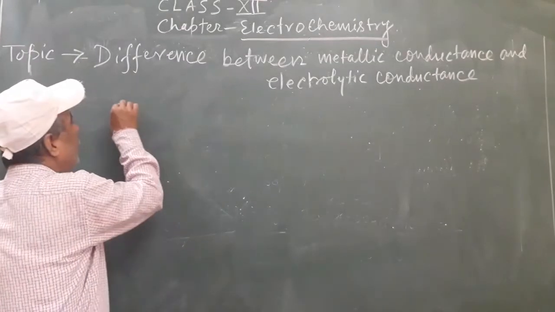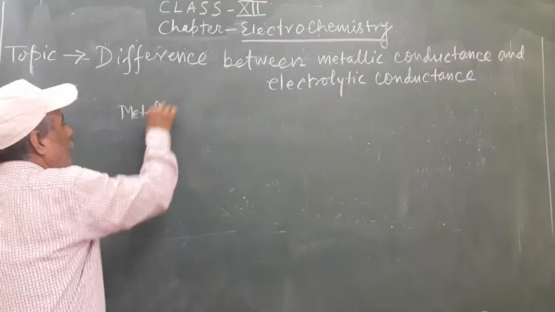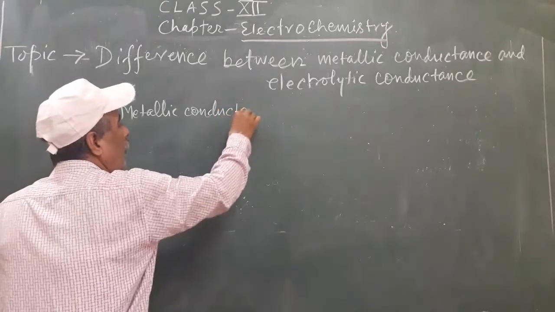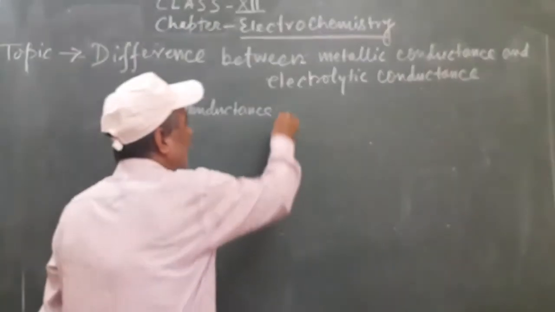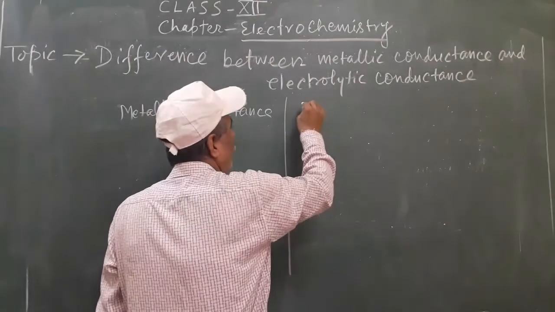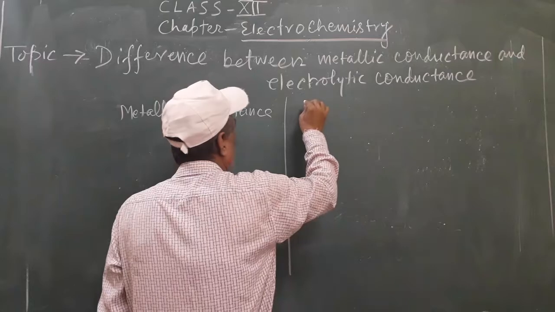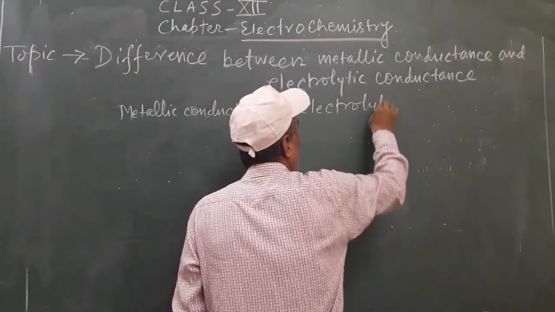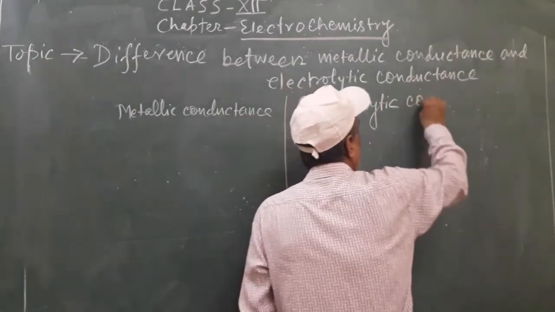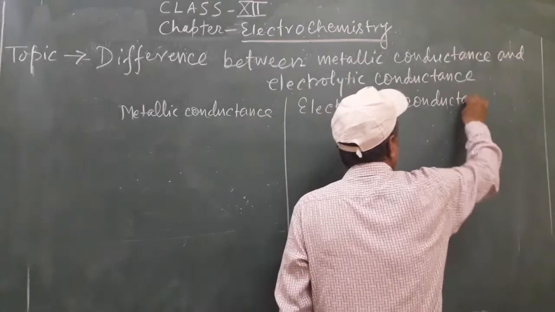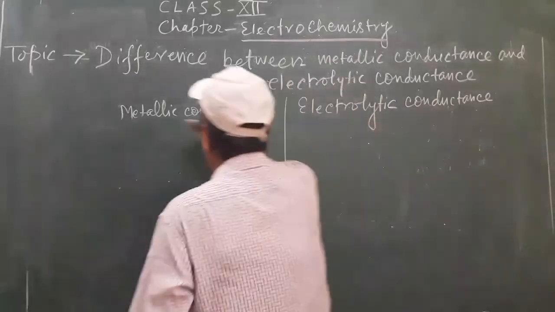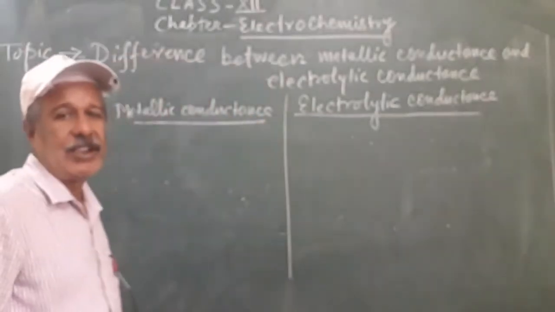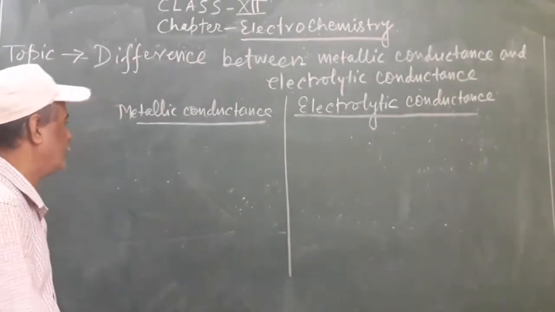One side we will write metallic conductance, and on the other side electrolytic conductance. Correct?